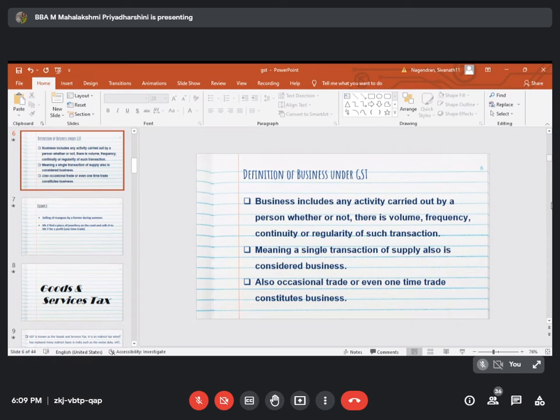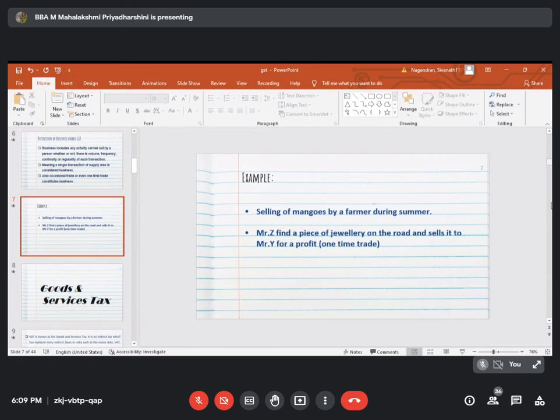So even if you trade occasionally, that is also considered as business. For example, farmers sell mangoes during the summer. In other seasons they are not able to produce mangoes, right? They cannot sell them. But at the time of summer alone, every year they are selling. That is also considered as business.